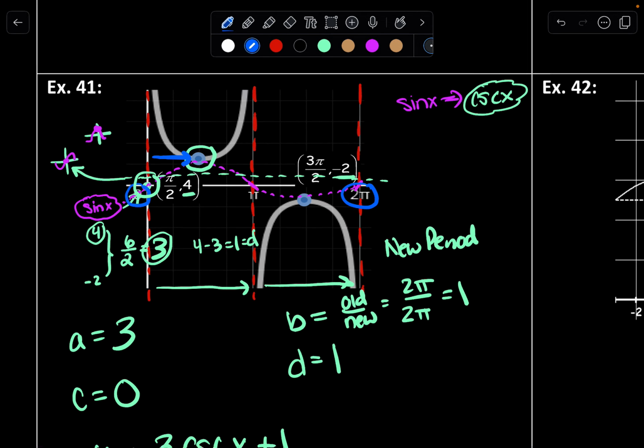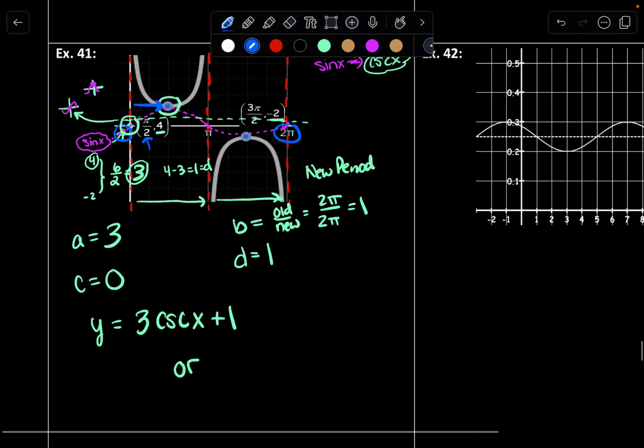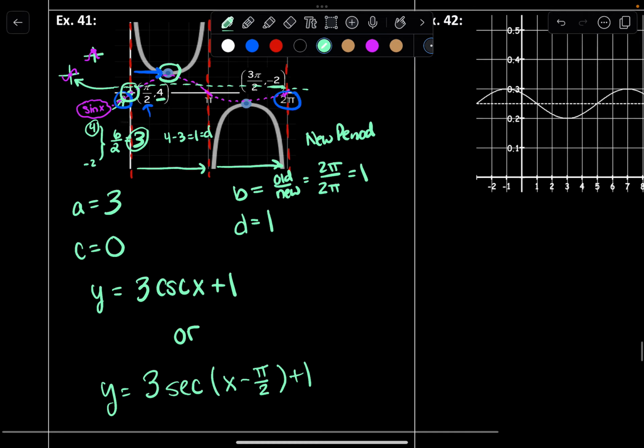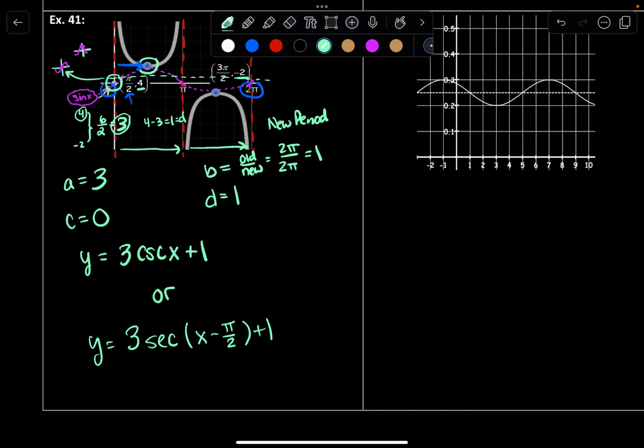With secant, you would have a phase shift of pi over 2. So you could also have y equals, the A value stays the same, the B value stays the same. The only thing that would change is the phase shift. We shift it to the right pi over 2, so it's x minus pi over 2, and then +1. If you graph these two, they will both look like this, because cosecant and secant have the same relationship as their reciprocals, cosine and sine.